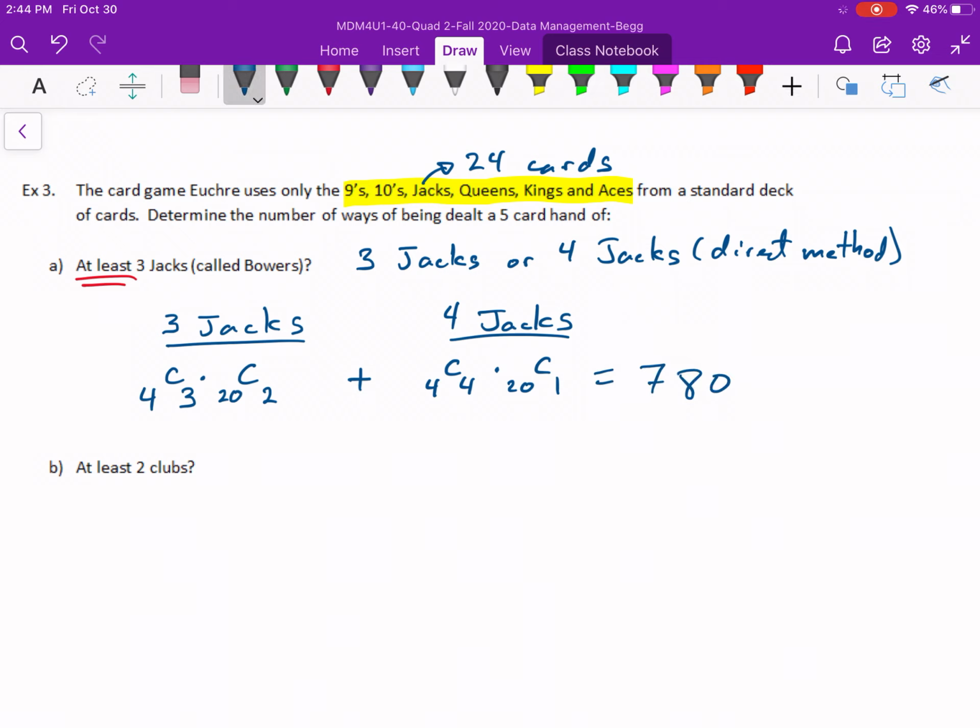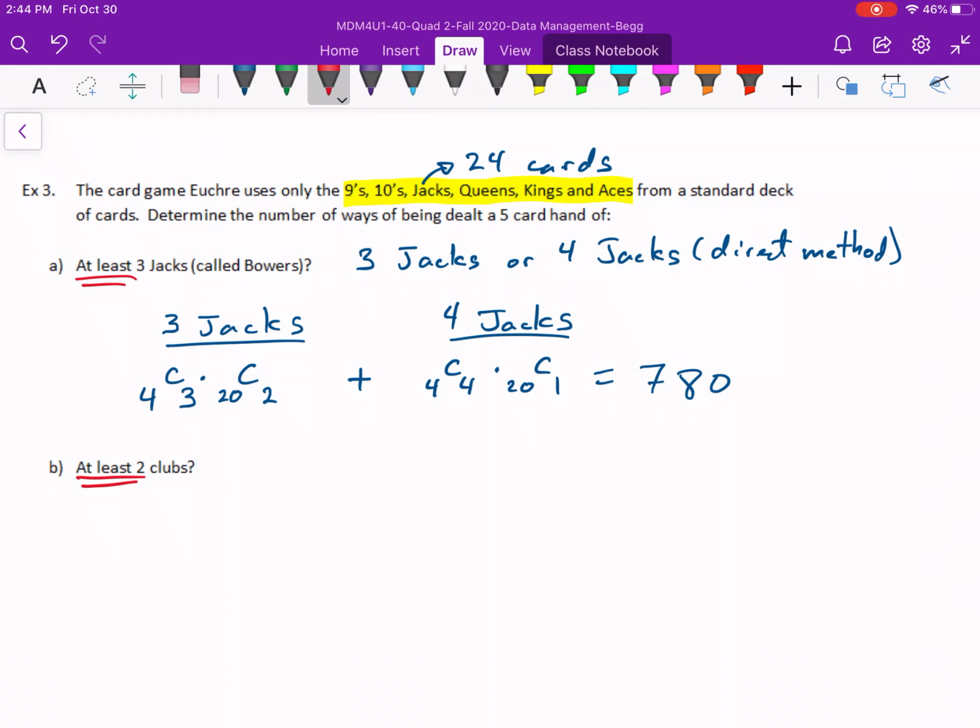At least 2 clubs. Well, again, let's decide. We got "at least," so we have to decide what's going to be less work. At least 2 clubs means I could have 2 clubs. That would be something I want. Or 3 clubs, or 4 clubs, or 5 clubs, because there's actually 6 clubs in those 24 cards.